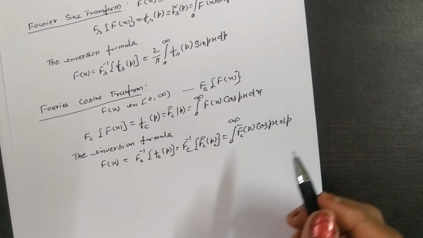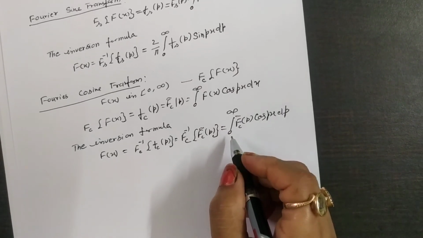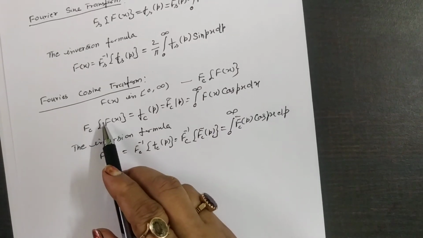This is the inversion formula for the cosine series.